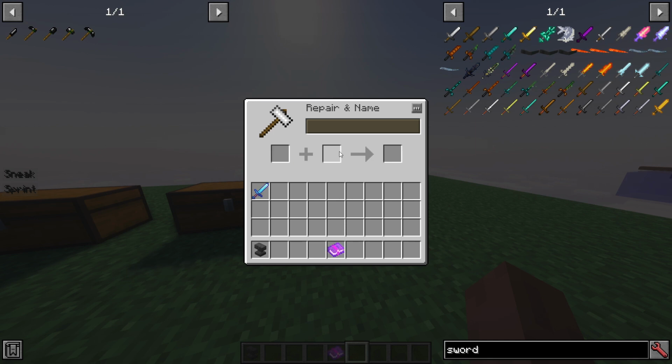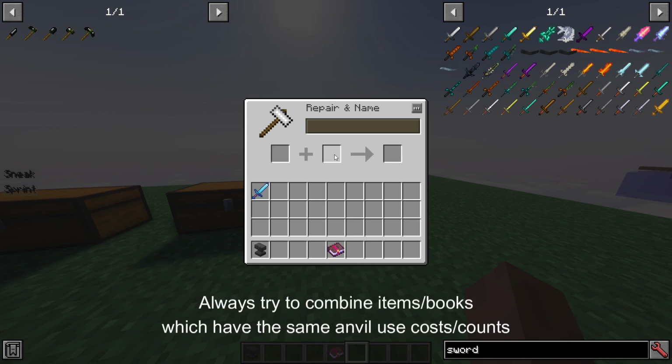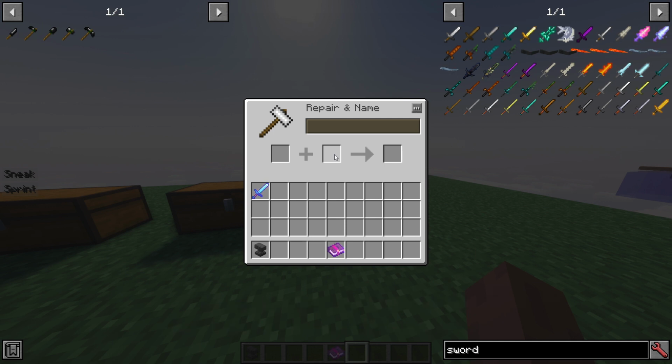You always want to combine 2 items which have the same Anvil use cost. So I want to combine an item which has Anvil use cost of 7 and a book that also has an Anvil use cost of 7, because then I don't waste any space, kind of.